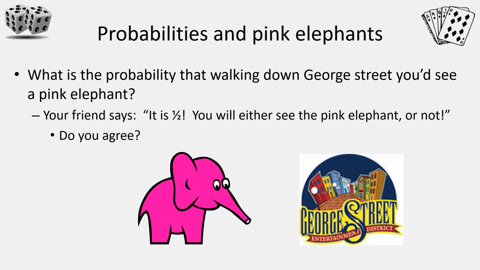Well, you say, I just learned that all outcomes are equally likely. I either see a pink elephant or I don't. Well, okay, would you really say that? Do you think that when you're walking down George Street, independently of how much you've been drinking or your friend has been drinking, the probability of seeing an elephant is 1/2? And if not, how would you describe this in the language of probabilities?